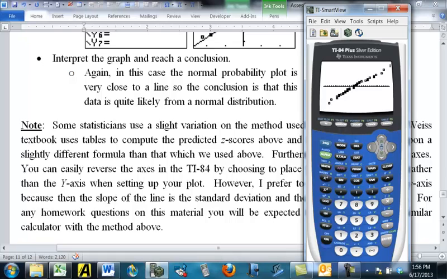We get that plot instead. Now the bad news is, notice that you can't even see the line here that's going with it. The slope and y-intercept don't have these nice little meanings.